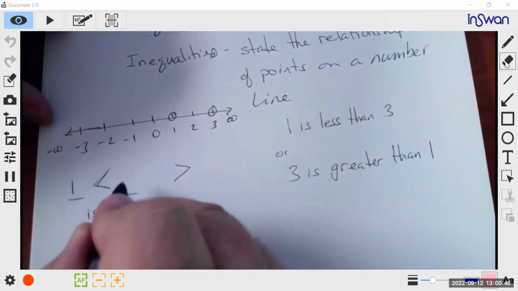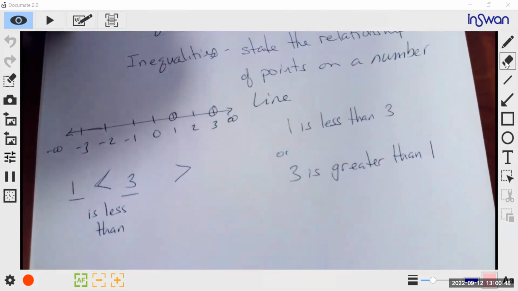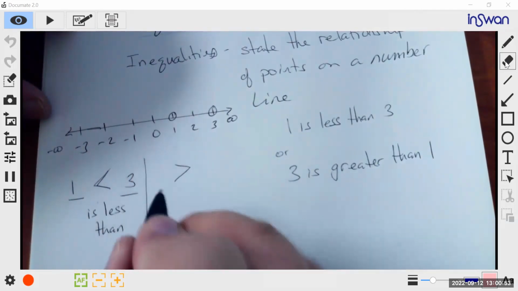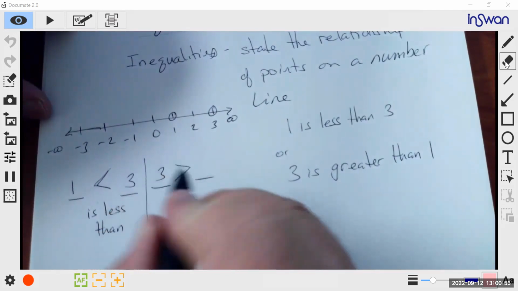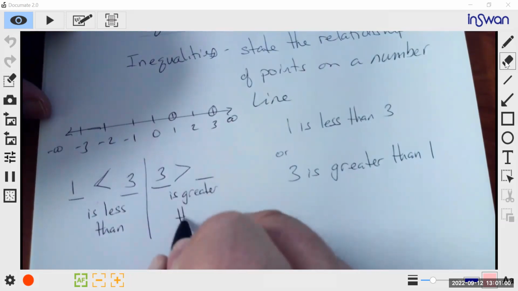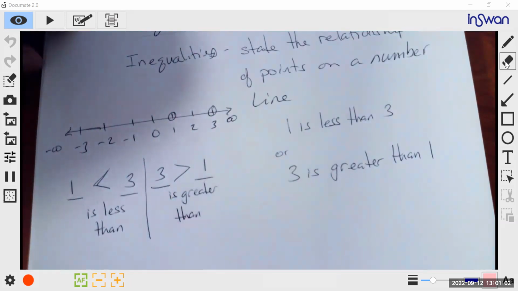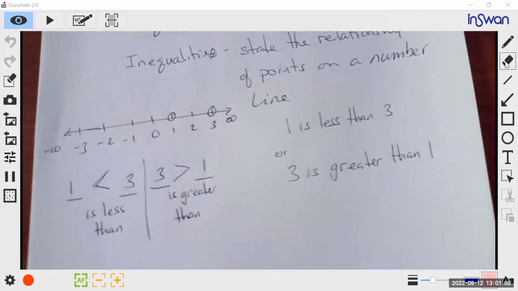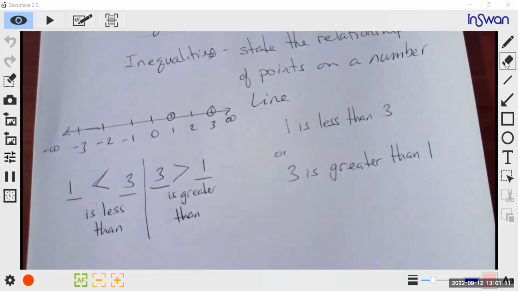So 1 is less than 3. It always points to the smaller. Or we could say that 3 is greater than 1. What it's really telling us is any number to the right of another number is greater than that first number. Any number to the right is greater, any number to the left is less than.